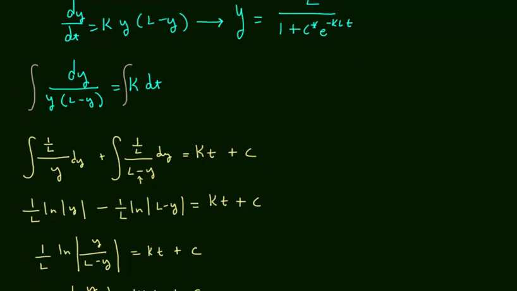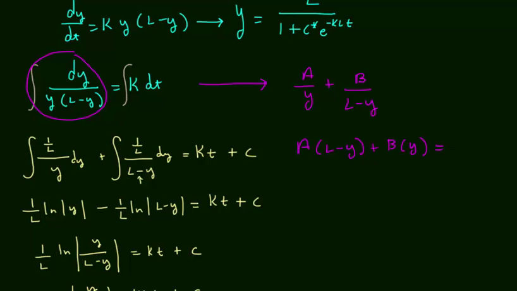I'll do that, let's say, in this pink color here. So I'm breaking this up into partial fractions, which is A over y plus B over (L minus y). That gives me that A times (L minus y) plus B times y equals the value of 1. See, the coefficient here is 1.